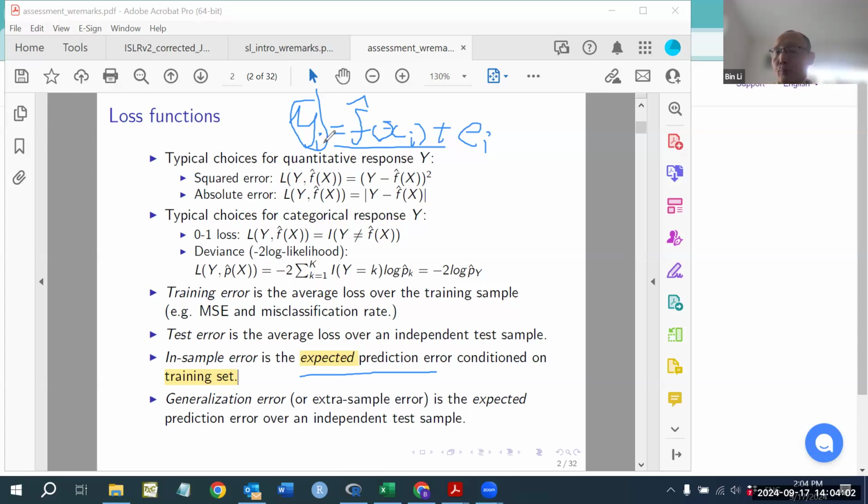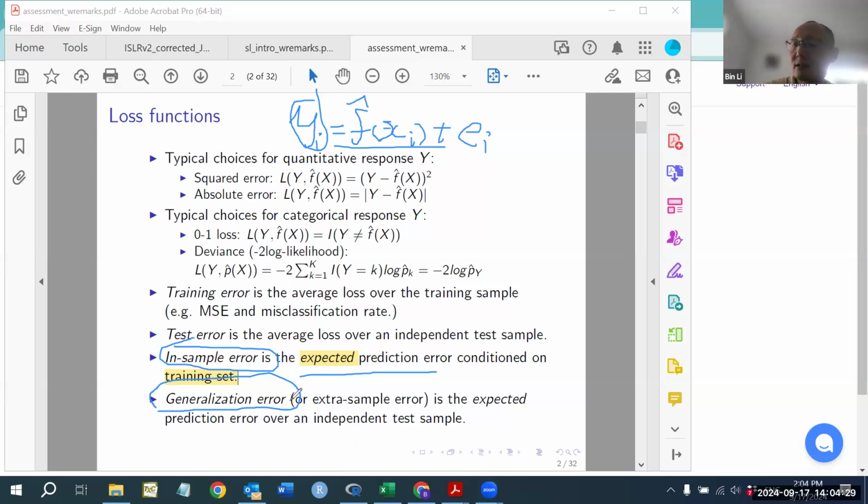So we have a prediction error on the training set, conditional on the training set, right? That expected prediction performance with x still the same, conditional on the training set, is called in-sample error. And the next one is a more general case. It's called generalization error.